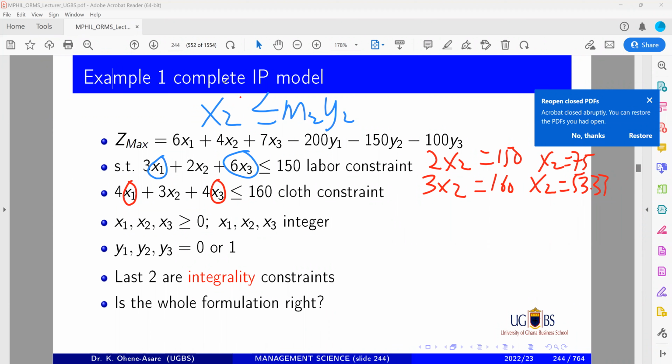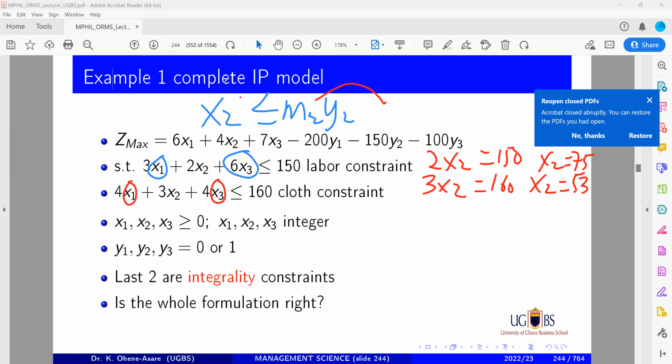Partly because we are dealing with non-negativity constraints, and also because we are dealing with whole numbers, normally it makes sense to round it to the nearest whole number. So if you were to round it, it becomes 53. Therefore, our final value for M2 will be what?